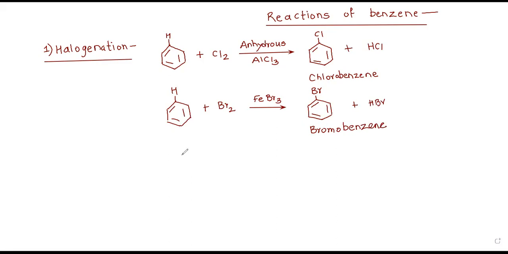There is one variation here. If you are using chlorine and benzene, but you take chlorine in a lot of excess. Here I took a 1:1 ratio. Here we can take a lot of excess, and even use the same catalyst as the first reaction. I'm just going to increase the amount of chlorine.